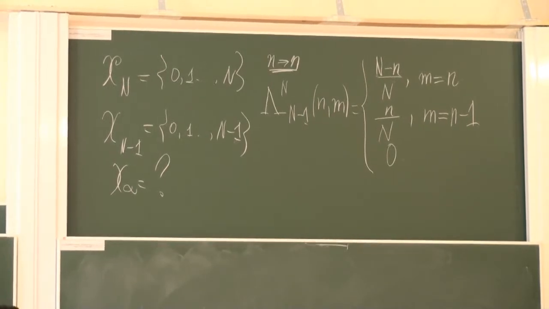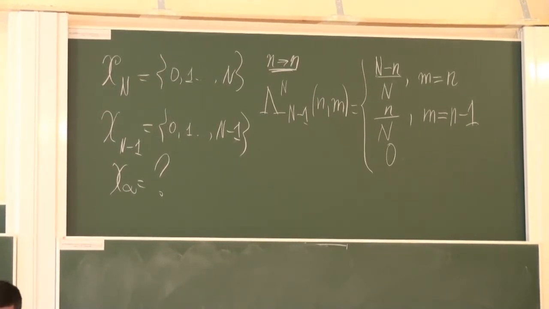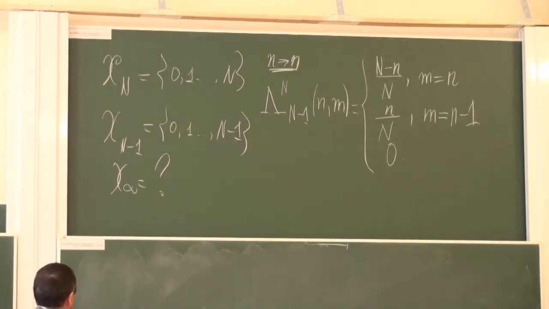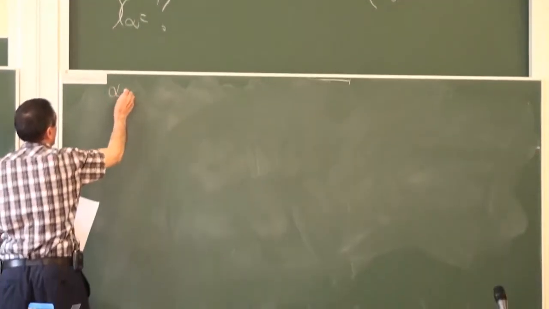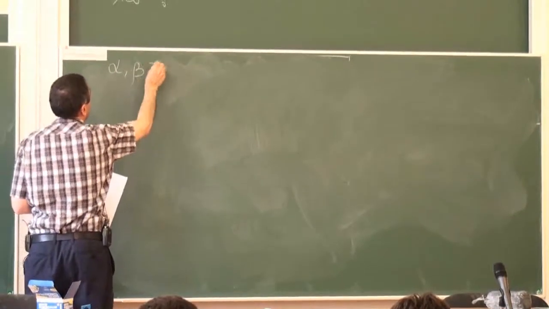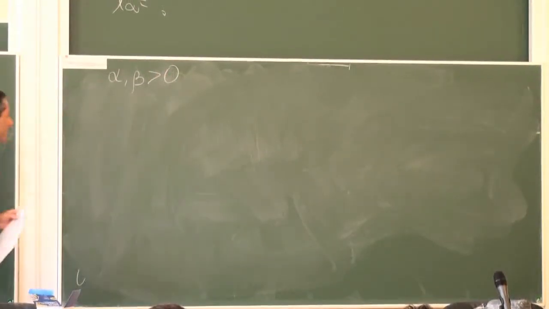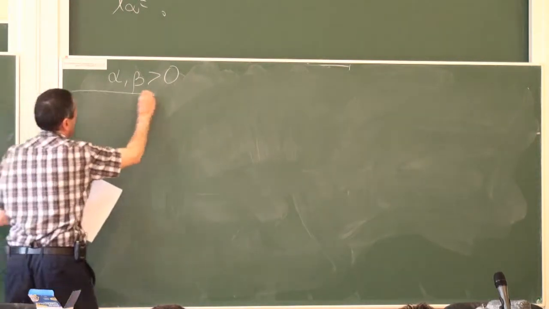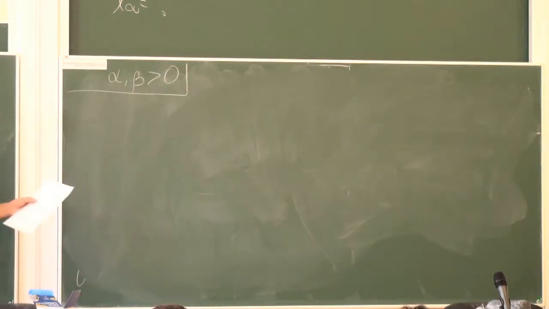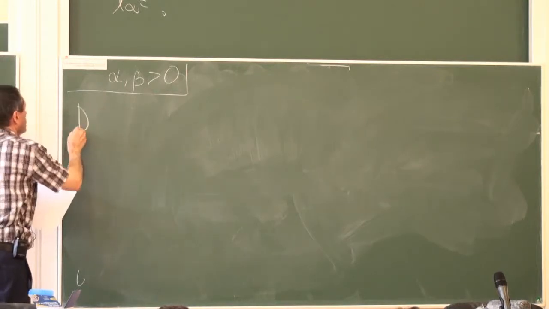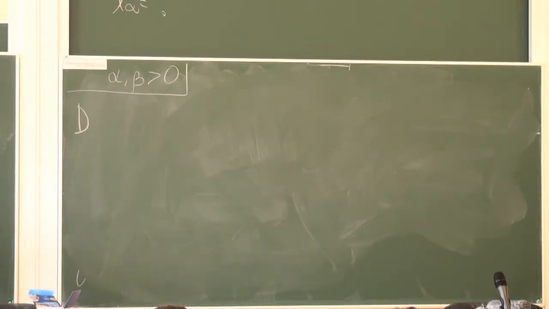The difference operator is as follows. It depends on two parameters, alpha and beta, which are supposed to be strictly positive real numbers. So I fix these parameters. And the definition is as follows. This is again a second order difference operator.